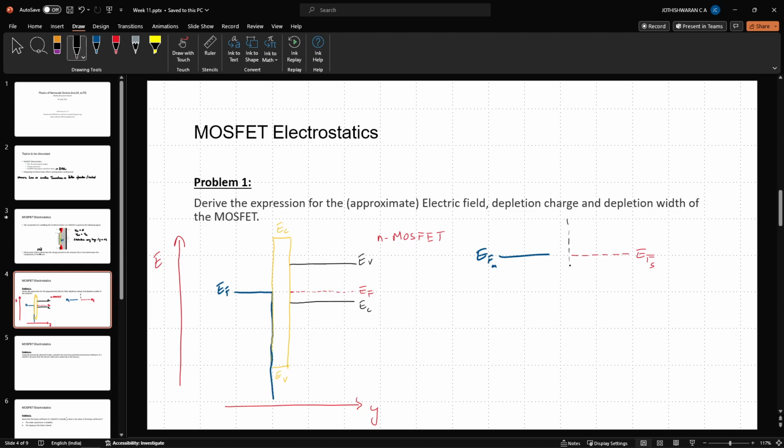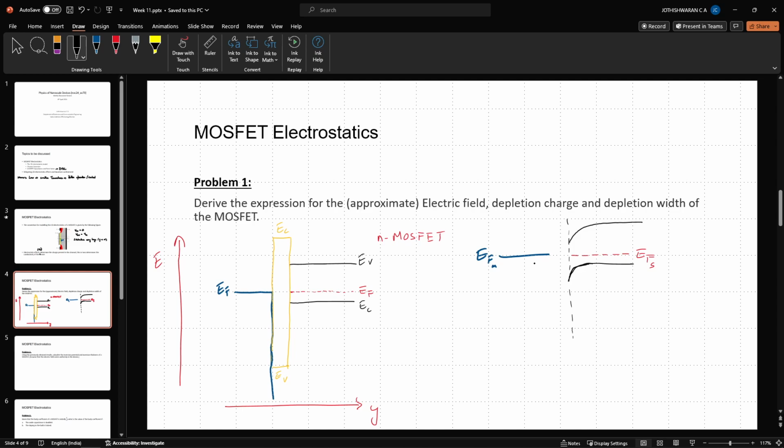So if I have this interface over here, as the voltage increases, the conduction and valence band start bending near the oxide semiconductor interface.